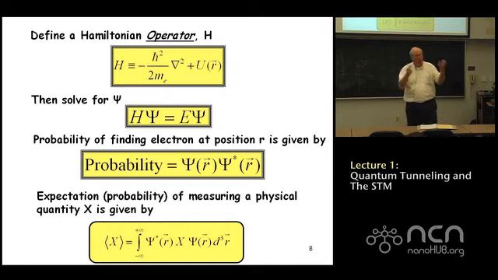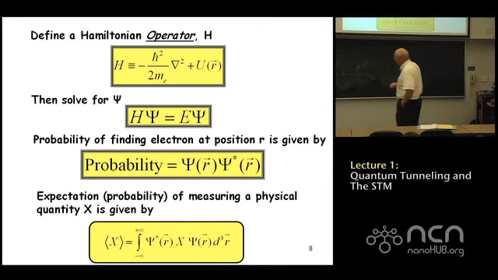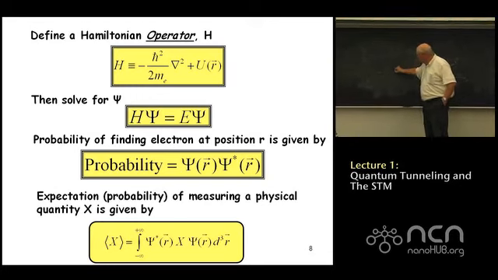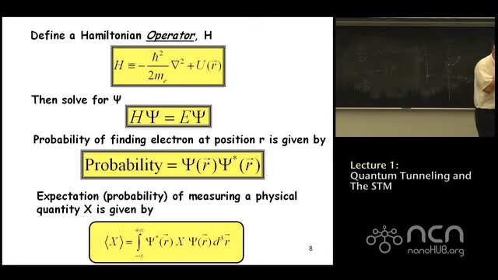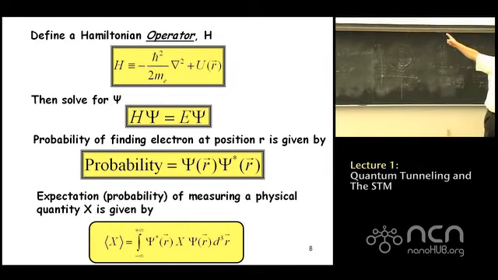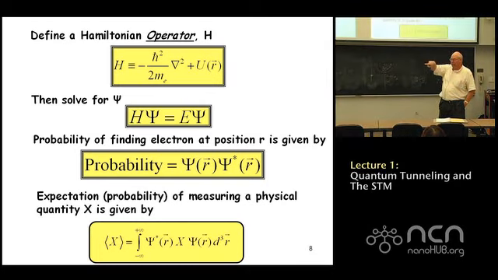So you find out that the interpretation of this matter wave is that this is a probability amplitude, right? This probability amplitude, if you take it, multiply it by its complex conjugate, and evaluate that product, psi star psi, at a particular point in space, R, that tells you the probability that the electron will be at that particular point.